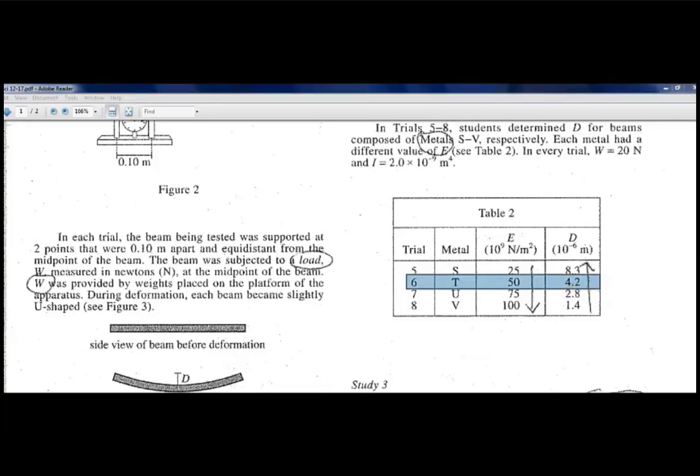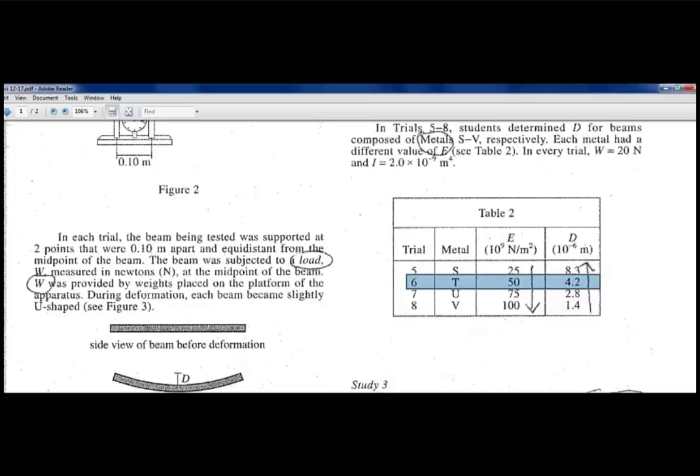Remember, this distance, they said, is going to be the amount of the board transforming down into a curve. Which one is greater? 4.2, as we see in trial 6, or 2.1. You can see that this number is greater. So therefore, the best answer choice here when you put it all together is going to be trial 6.